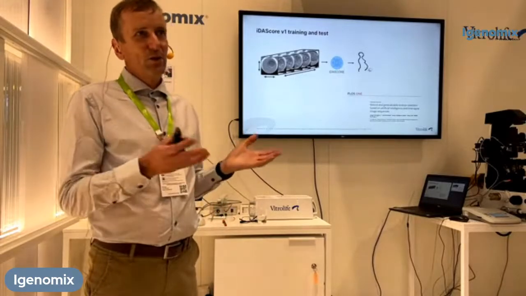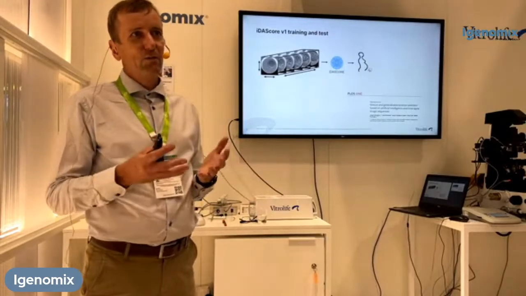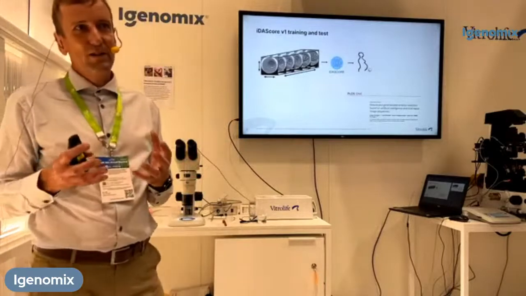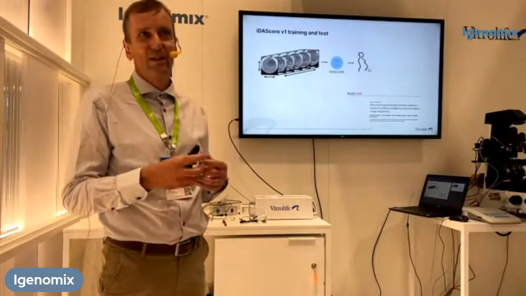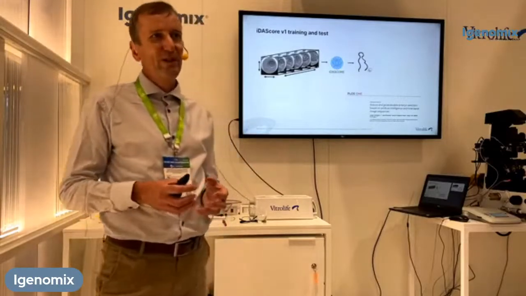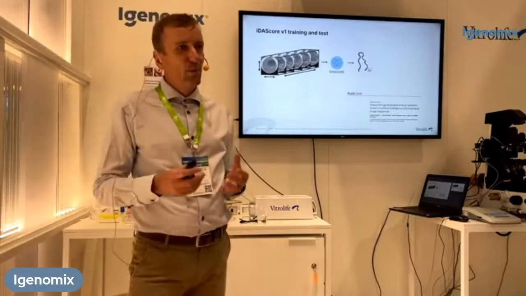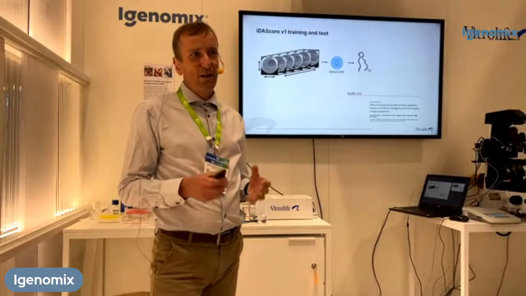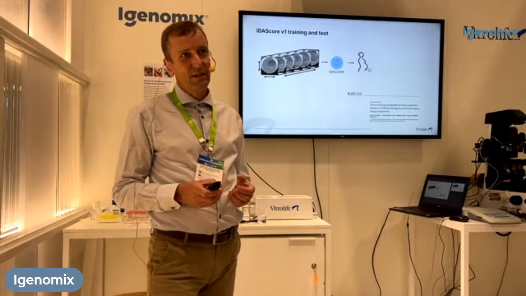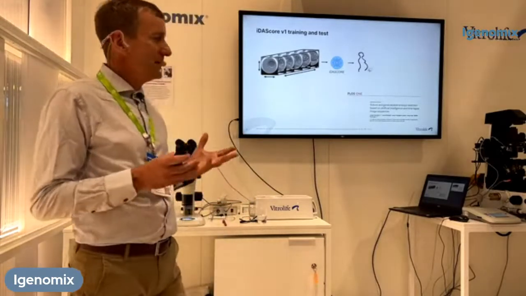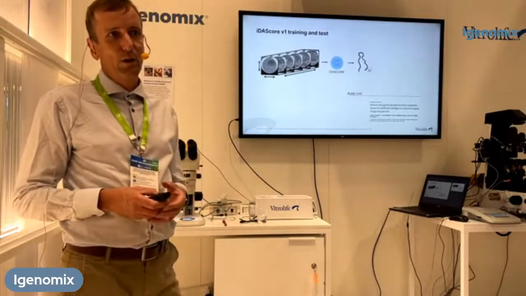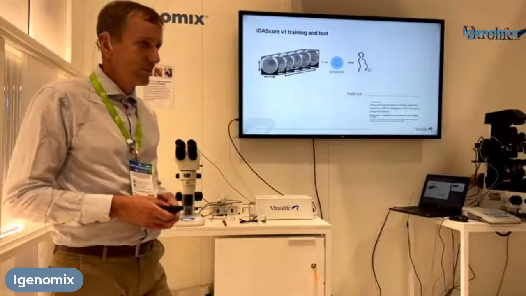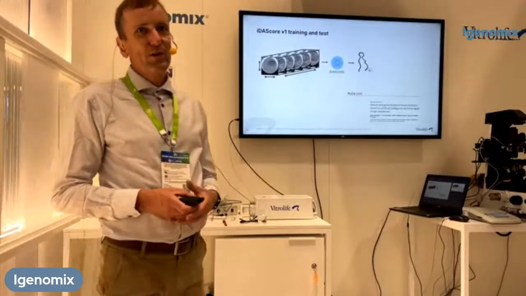Then it looks at the whole image sequence and finds temporal or spatial features in this video. Based on these features, it outputs a score that correlates with the likelihood of implantation. So it's meant to tell you how good your embryos are, only based on the images.